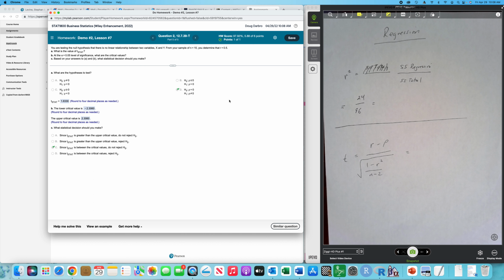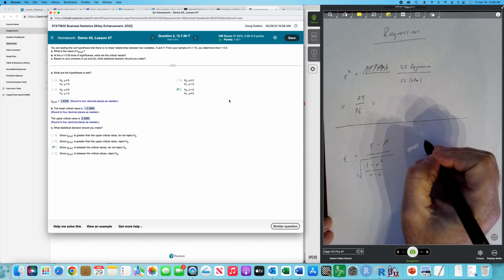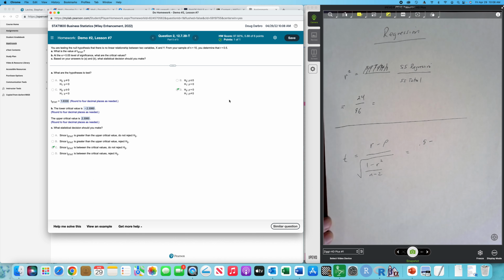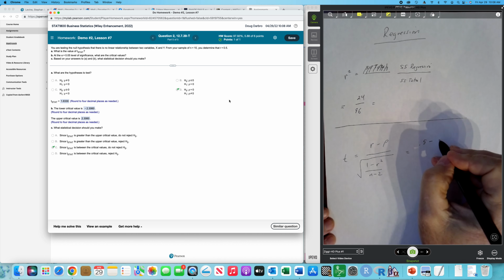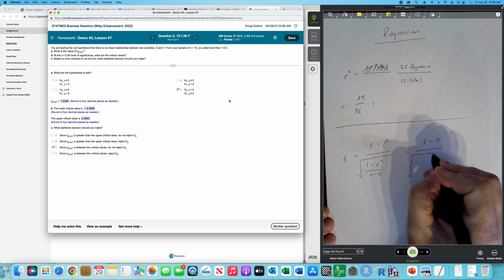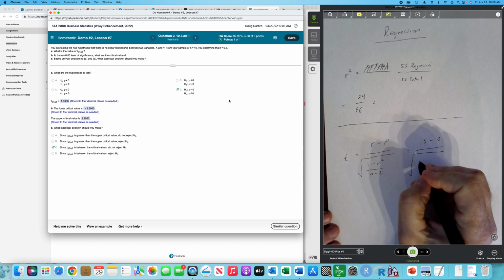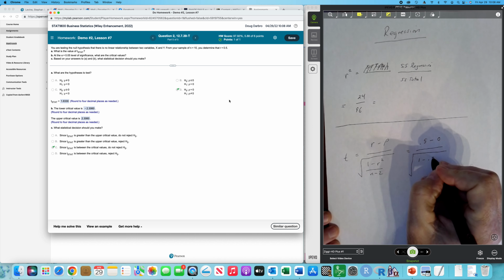So it's r minus rho divided by the square root of 1 minus r squared over n minus 2. What we have here is r in the problem is given as 0.5. And we have our null hypothesis that we're assuming that rho is equal to 0. Make this square root very large because we've got a lot to go underneath it.